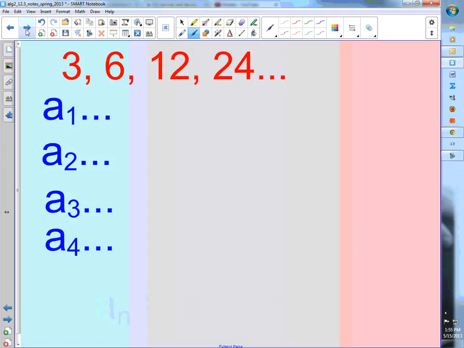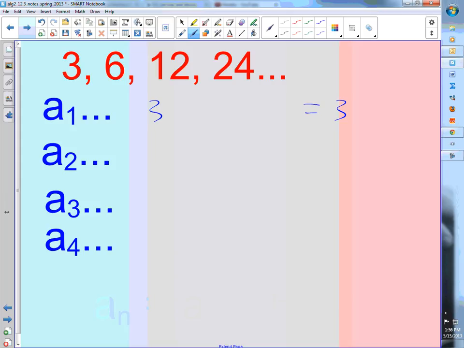So now let's take a look at this sequence, and let's break it apart the way we did yesterday. So a sub 1 is 3. And how do I get to a sub 2?